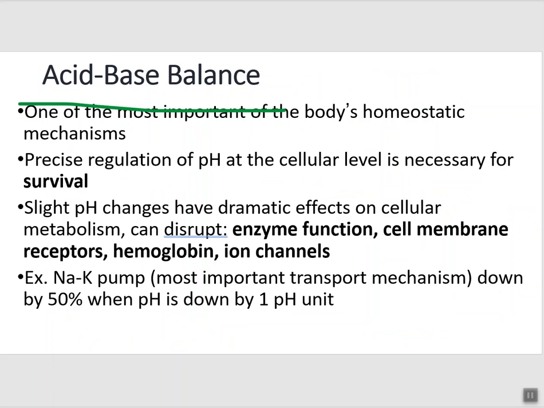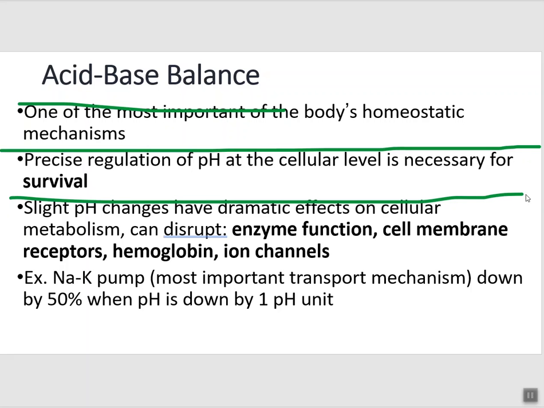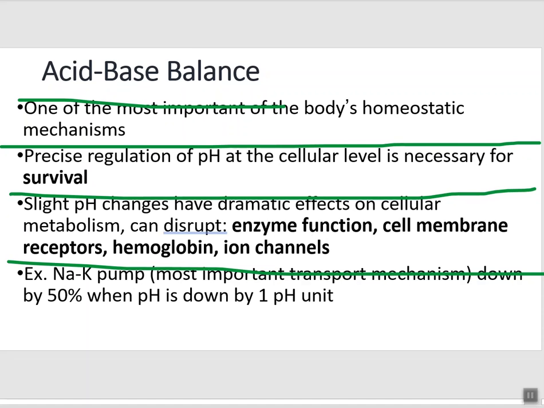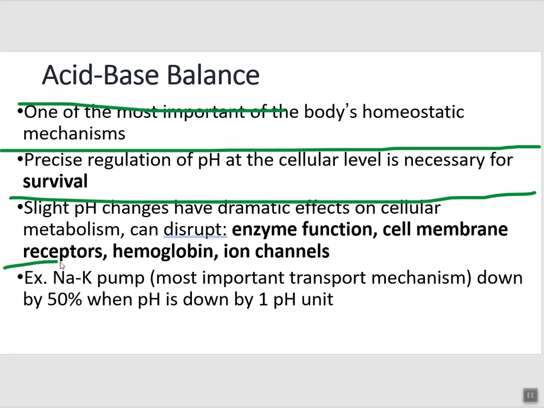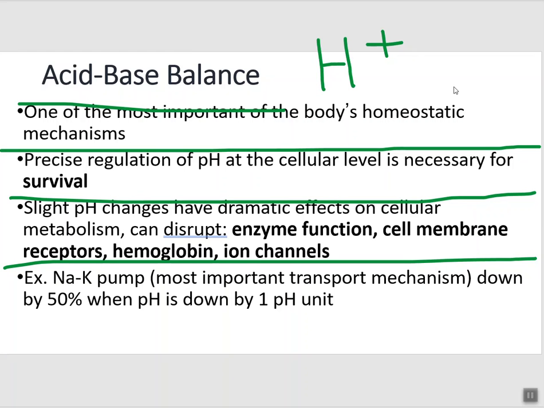Acid-base balance. This is something we haven't talked about yet. So let's talk about this before I get started on that. Acidity is the number of hydrogen ions. We'll talk about pH on a different slide coming right up, but that's what acidity is about.